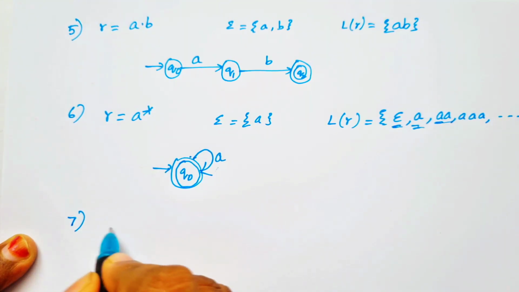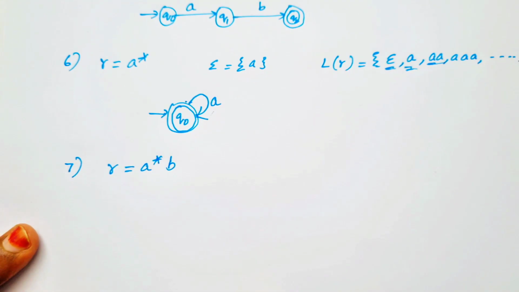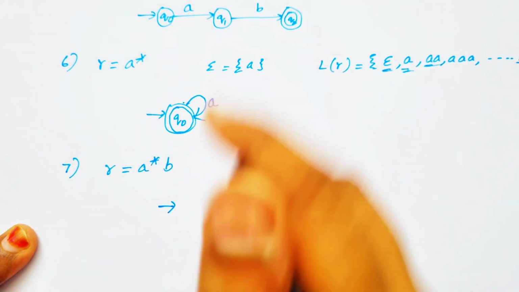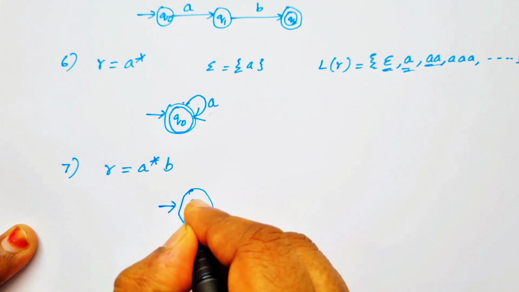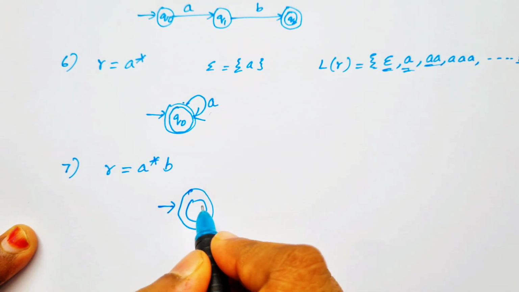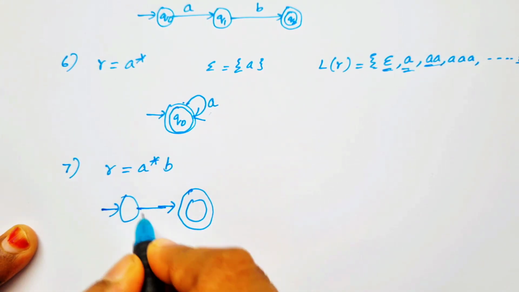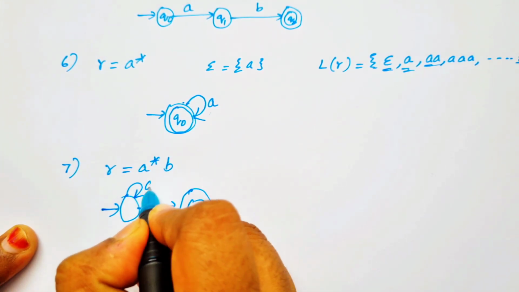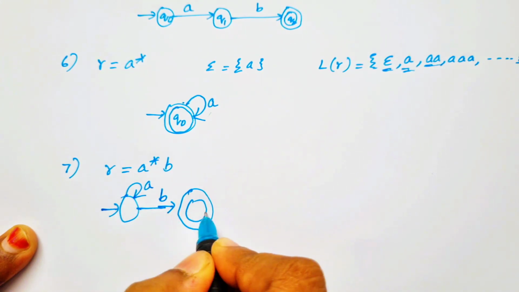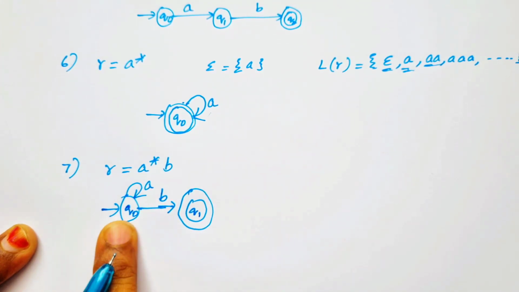Next one, R equal to A star B. See, we need to combine these two. First, A star, then B. We shall draw a diagram for A star followed by B. Here you are not taking the final state.